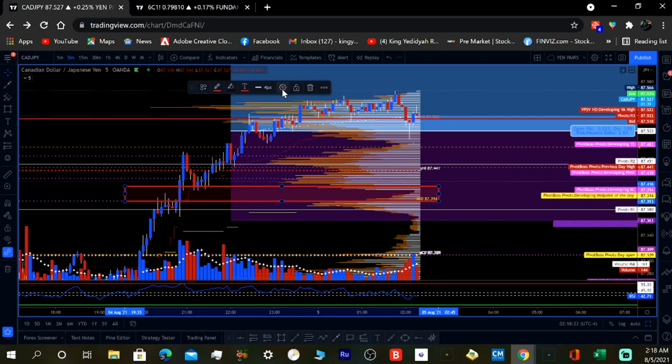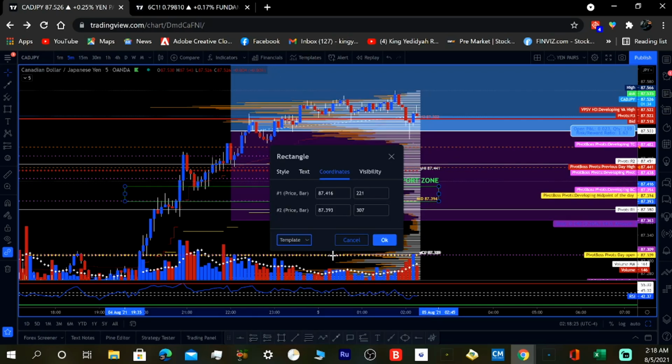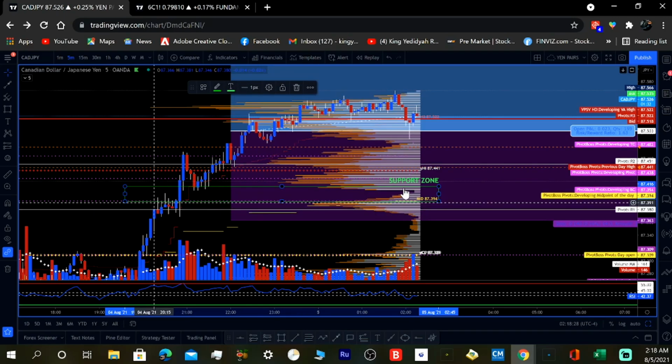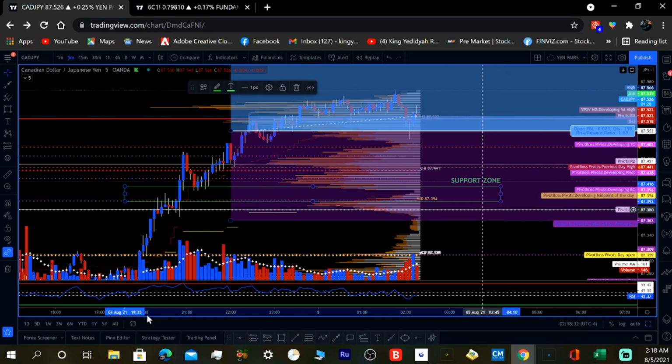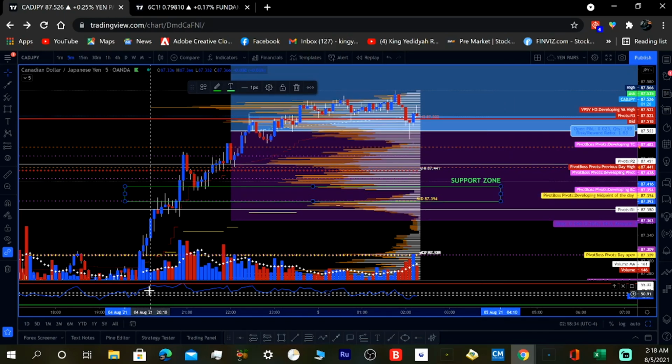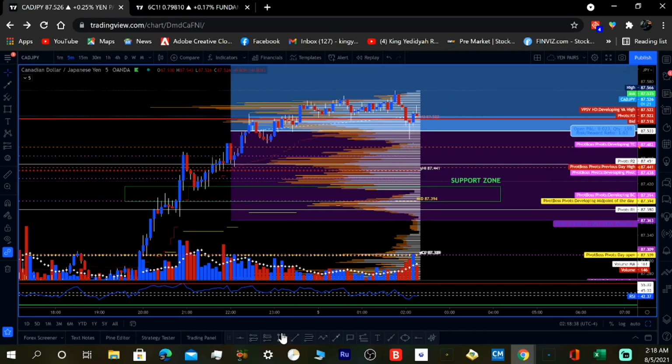So I used to have them here already, so that's my support zone, and I would be working off of that. And then when I see the resistance on top here, I say, okay, we got some resistance on top here, we want to break this level.